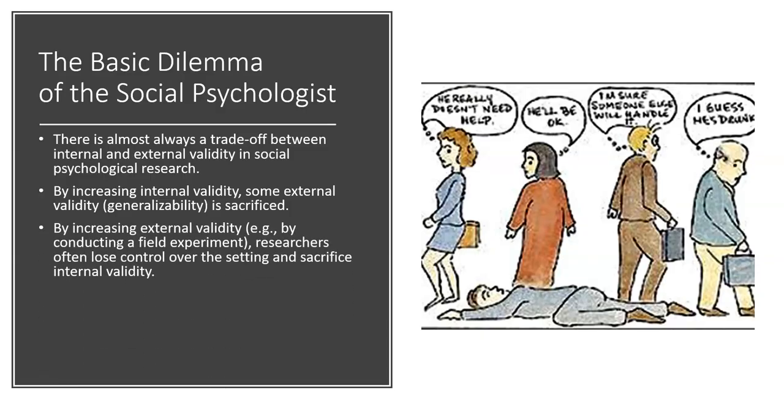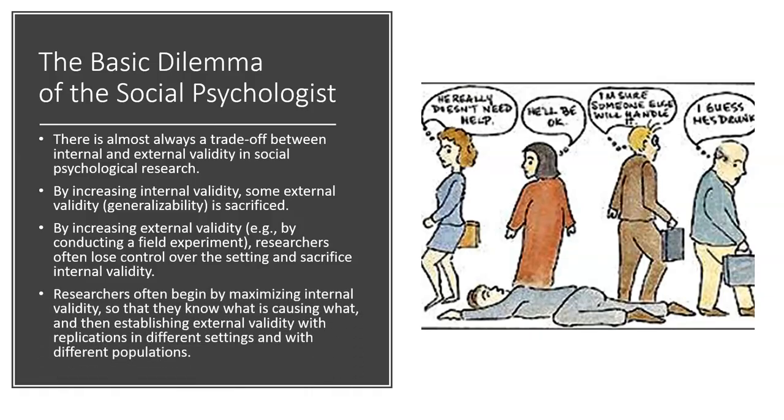So you're increasing external validity afterwards, and you are losing some control over the setting. But over time, when you conduct those high internal validity experiments early, and then you modify your approach and take it out into the field, you're really showing the robustness of an effect.